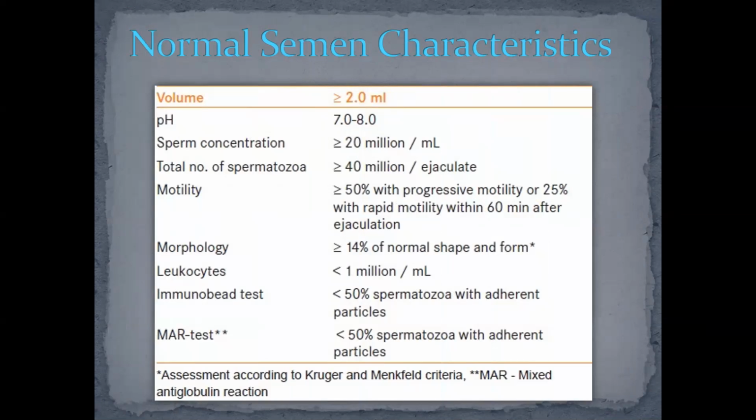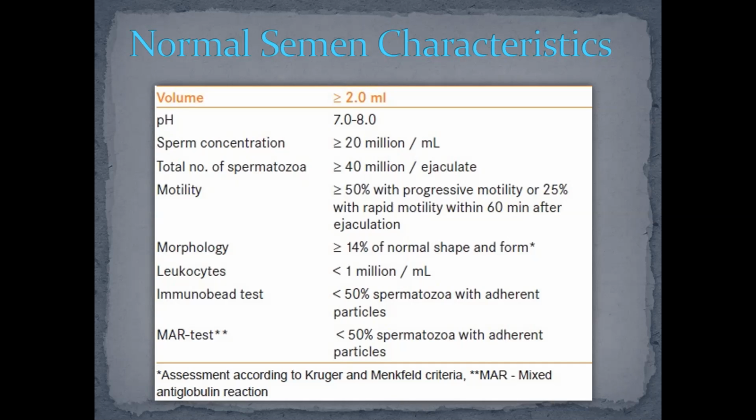When we examine the couple, first of all, we should start with the examination of the male, and we require a spermogram, or semen analysis. In this table, the normal semen characteristics are demonstrated.